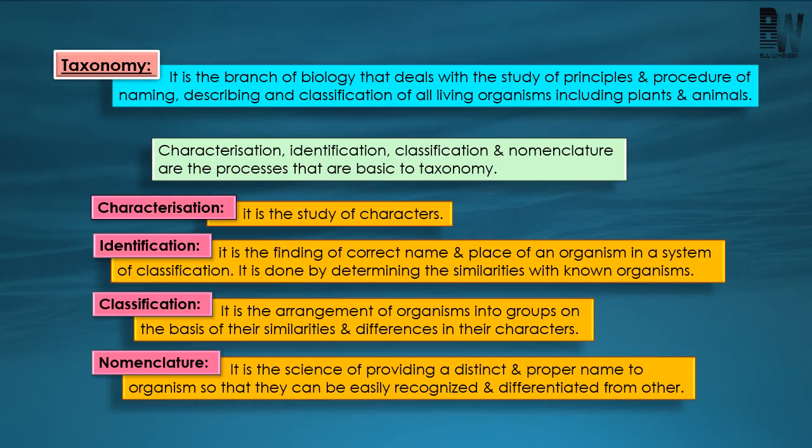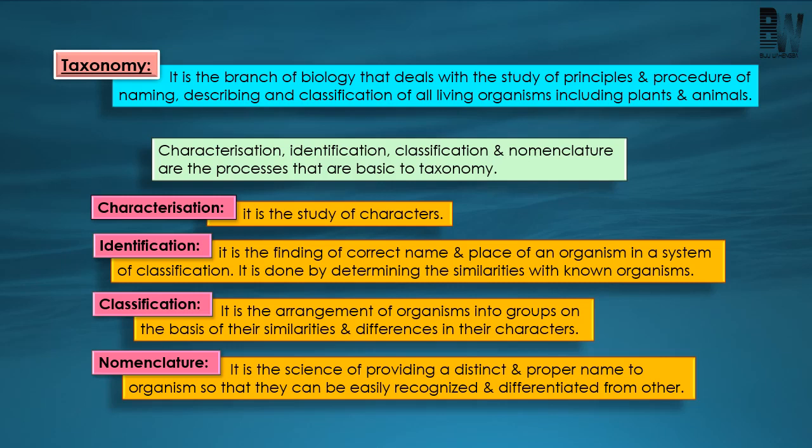So if you want to identify an unknown organism, first of all we have to study the character of that unknown organism, that is characterization. After the character is studied, the character of that unknown organism can be compared with the character of the known groups. Only then can we identify the unknown organism, that is identification.